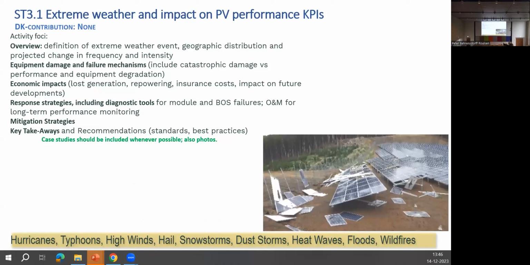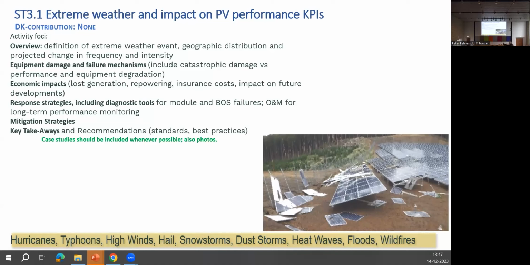Subtask 3.1 is the big topic of catastrophic failures. So extreme weather events and the impacts. It's maybe not super interesting in a Danish context, but when you follow the work they are doing, you can see that there are a lot of possibilities for catastrophic failures.